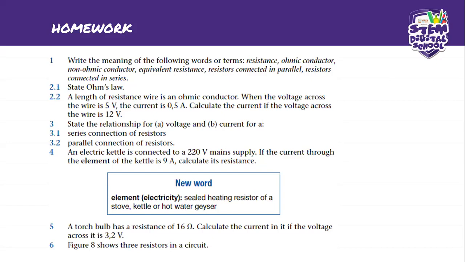But the current is the same across the whole series connection of resistors. So I is equal to I1 is equal to I2.